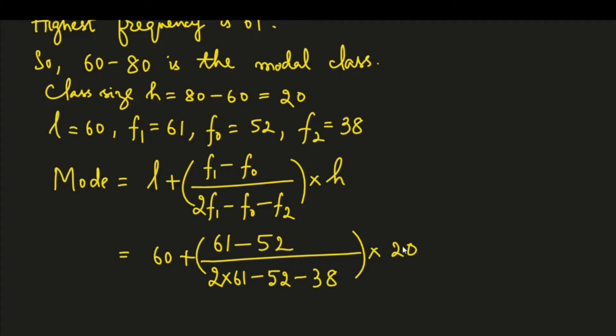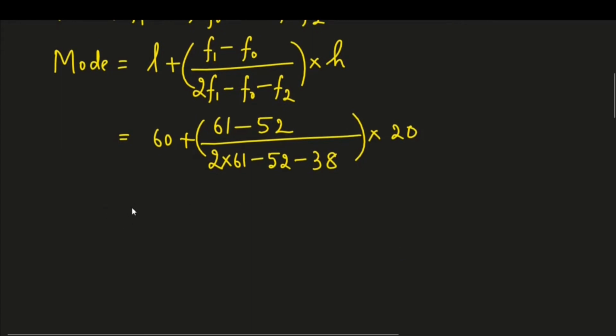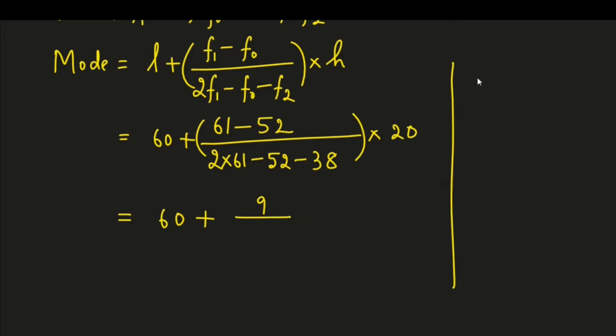Now let us simplify and calculate the value. 60 plus 61 minus 52 is 9. Now this one, 2 into 61 is 122. Here it is minus 52 minus 38.